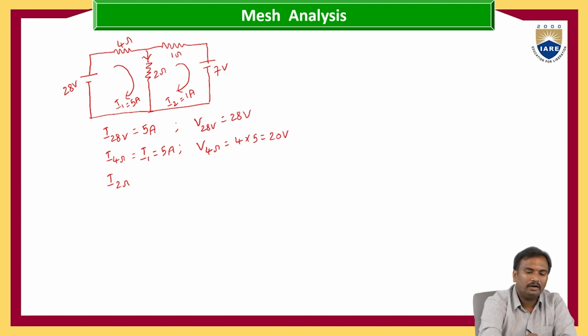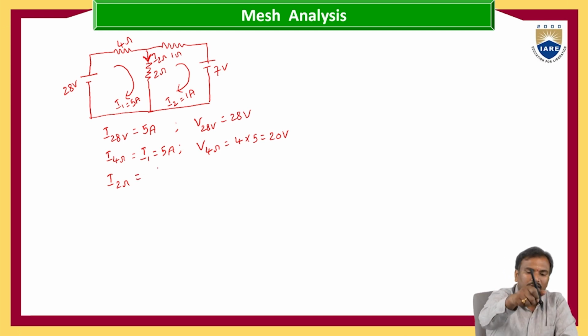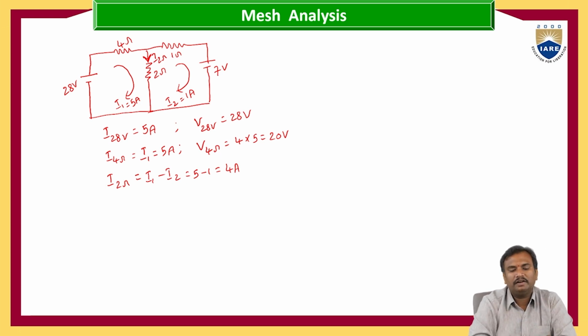But here we have to give some current direction which is flowing through the 2 ohms, and in that particular direction we have to calculate. In the downward direction, the current flowing is I1, and in the opposite direction I2 current is flowing. So I1 minus I2, that is equals to 5 minus 1, that is 4 amperes.